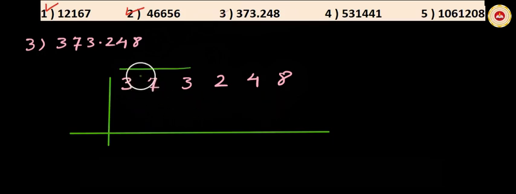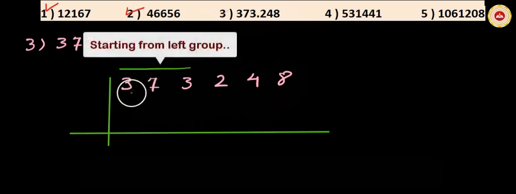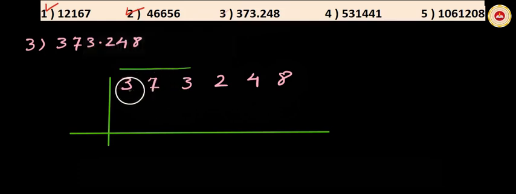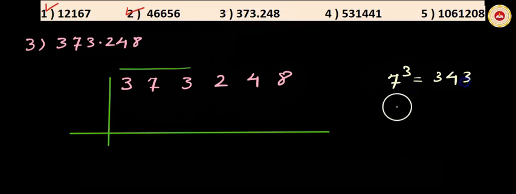Next step is starting from left side. There is only one group here, so consider this group only, 373. Observe this number properly and find such number whose cube is nearest to this 373 but less than 373. Which is such number? See, 7 cubed is 343 and 8 cubed is 512.